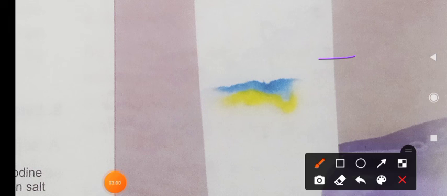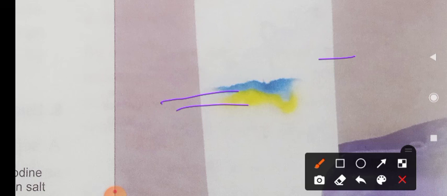Am I right, children? So this paper is called the adsorbent, and these colors moving on the paper are called the adsorbate. Do you understand?